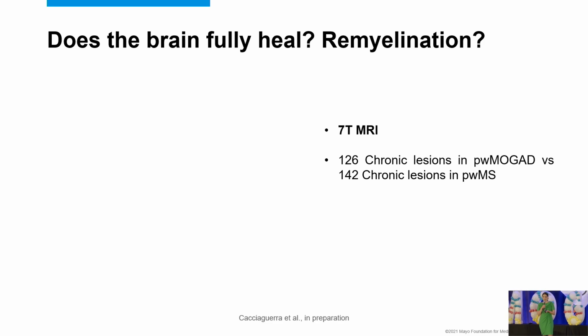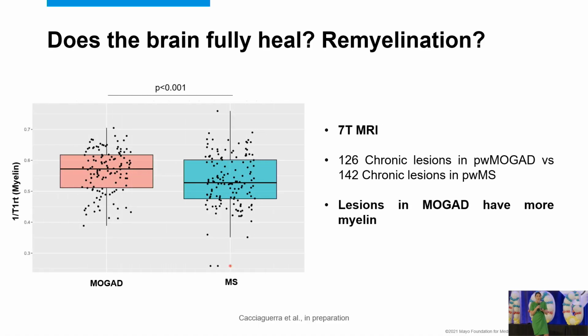And we have analyzed over 100 chronic lesions in people with MOGAD and in people with MS. And interestingly, we found that there is more myelin even within the lesions that stay in people with MOGAD. So remyelination might contribute to this phenomenon.